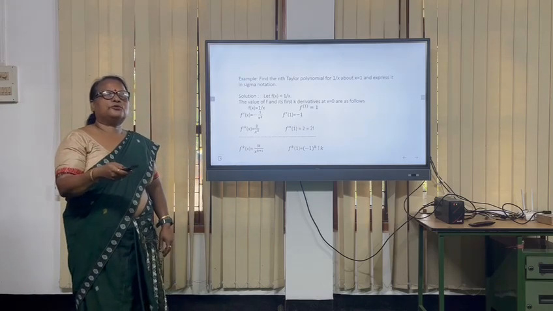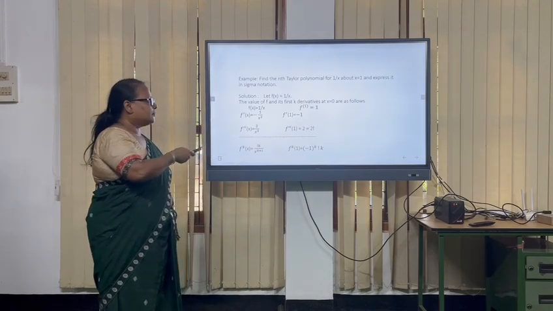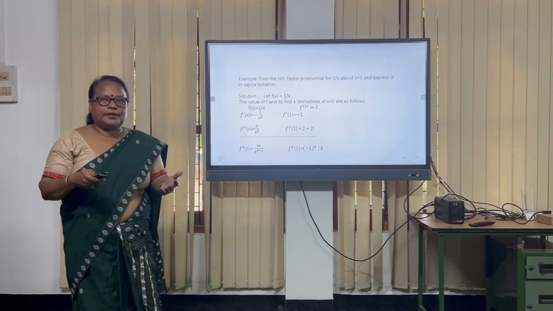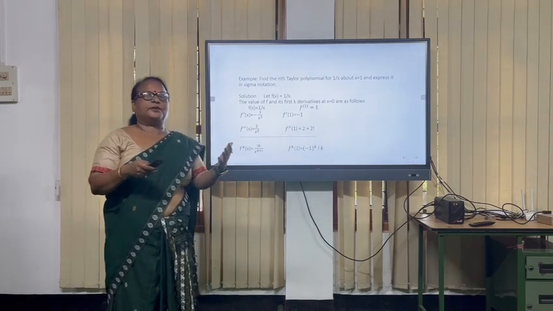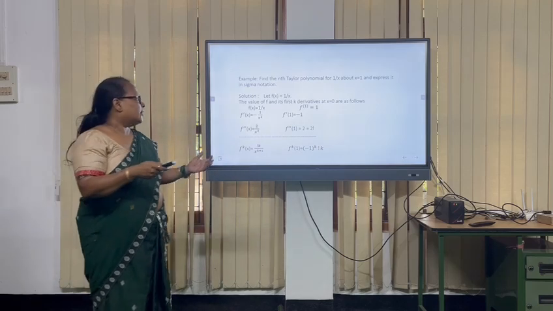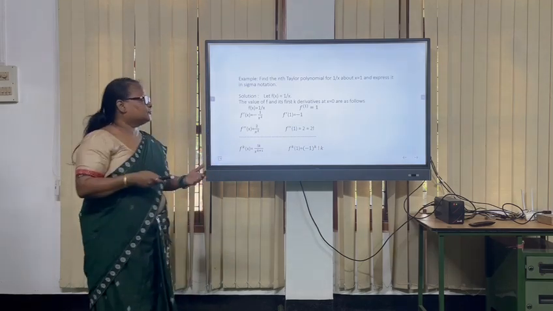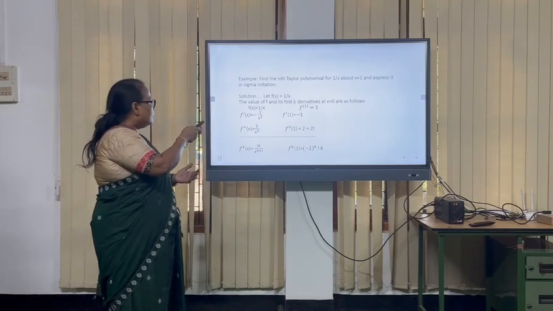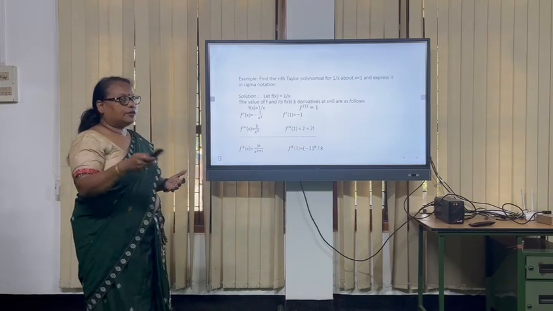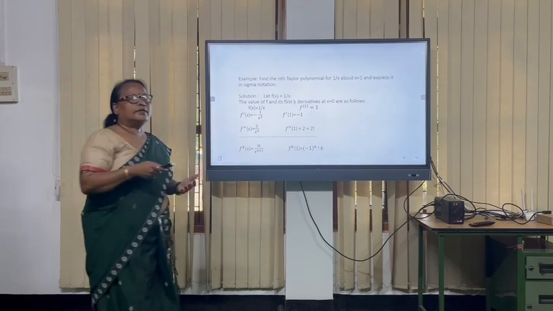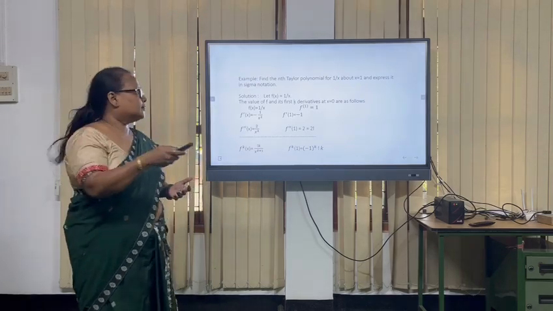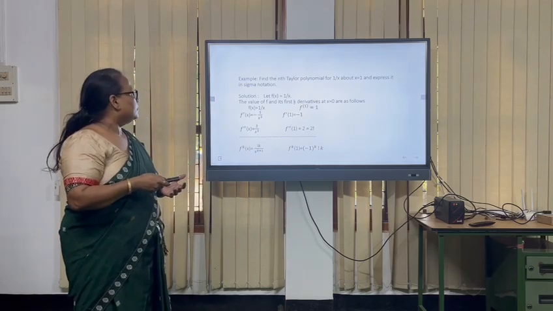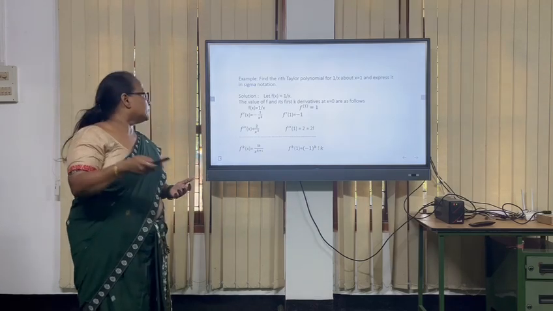That means you have to take the first derivative of the function f, after that the second derivative, third, fourth, fifth, up to the k-th derivative. Whenever you take the function f(x) equal to 1 by x, then f(1) equal to 1, at the point x equal to 1.